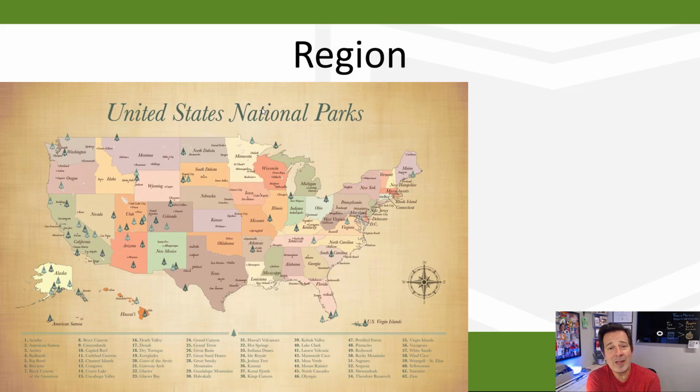We can also segment by region. It's a great big country, and different regions kind of have different attitudes and behaviors and different things like that. And what I've got up here is a map of U.S. national parks. I'm a big national parks guy. We've been to more than a dozen national parks, my family and I. And a lot of the national parks are out west.